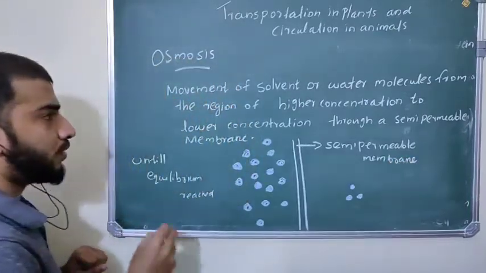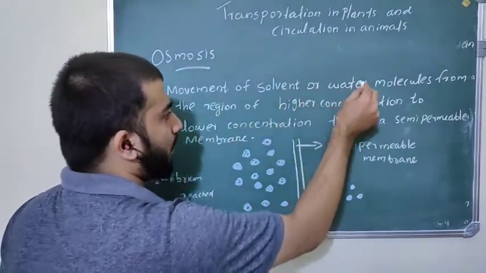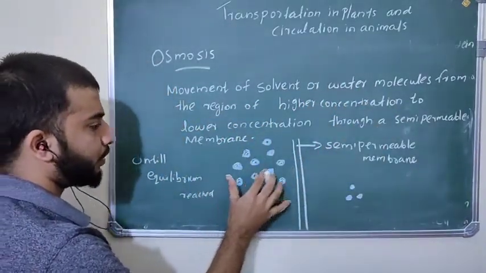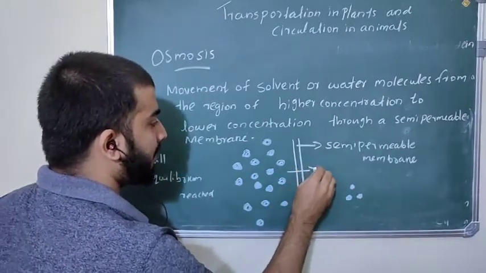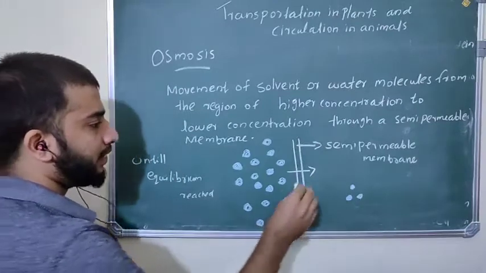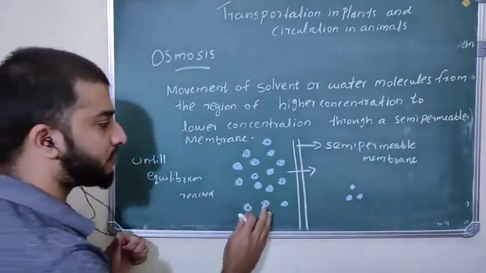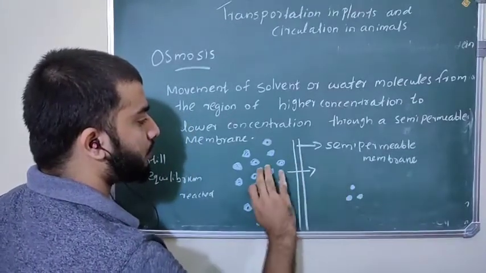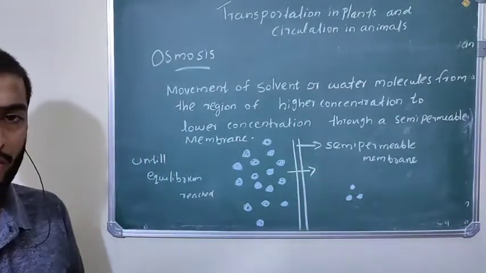Osmosis means movement of solvent or water molecules from the region of higher concentration to the region of lower concentration through a semi-permeable membrane until equilibrium is attained. Equilibrium means the concentration of molecules becomes equal on both sides. That condition is called equilibrium.